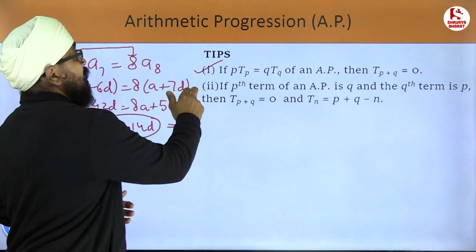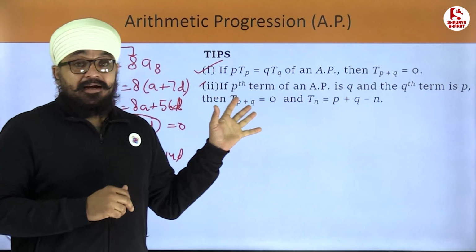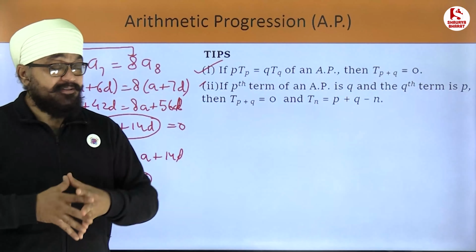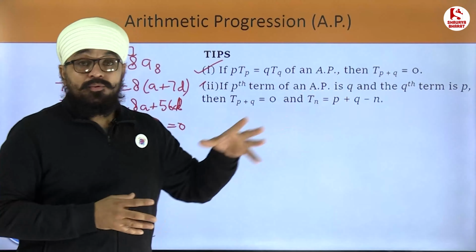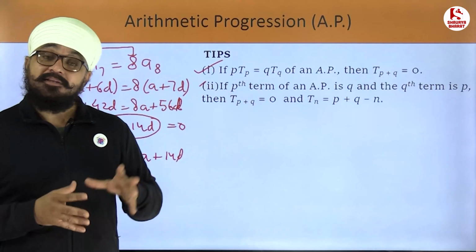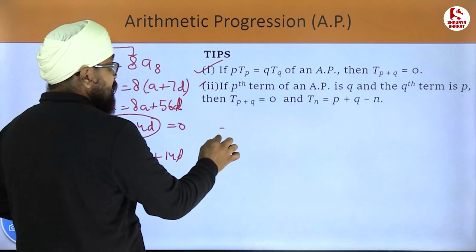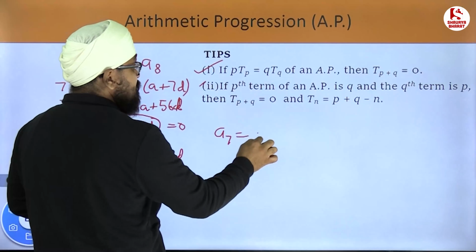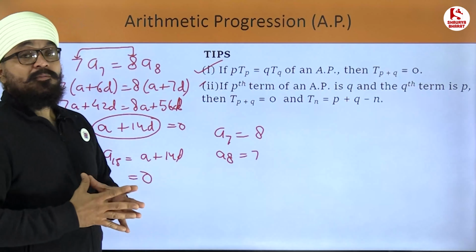In the same way, there is one more question that is taken as a theorem here, as you can say a tip also, that is, if the pth term is Q and the qth term is P, then also the (P plus q)th term will be 0. That means, if I say the same thing, the 7th term is 8 and the 8th term is 7, then what about the 15th term?